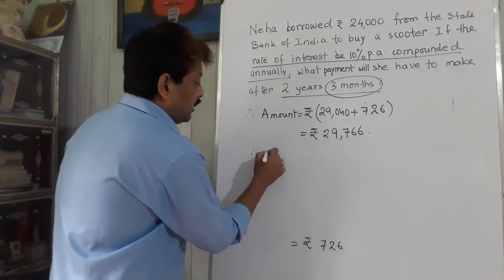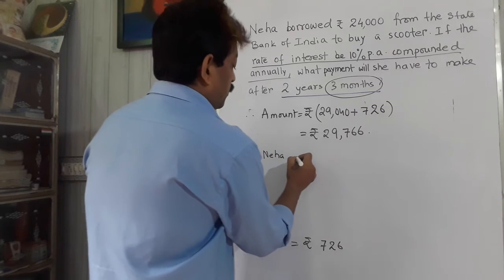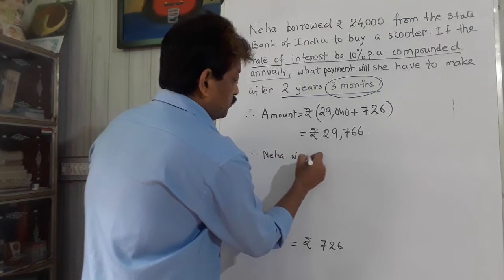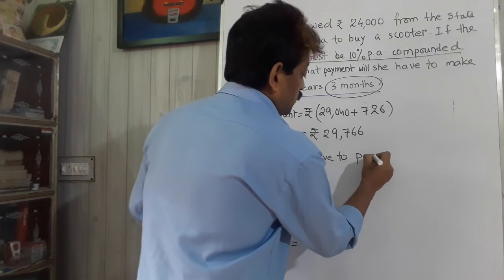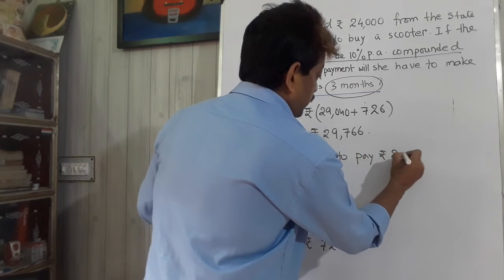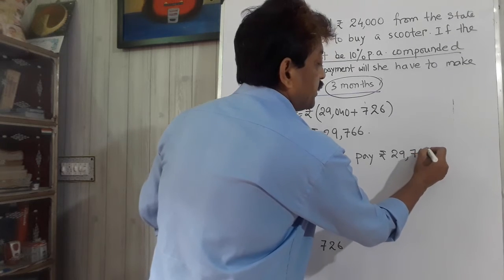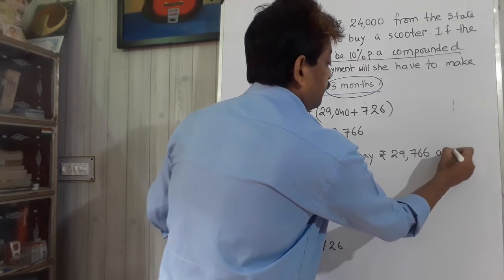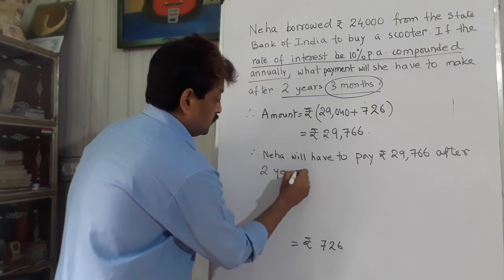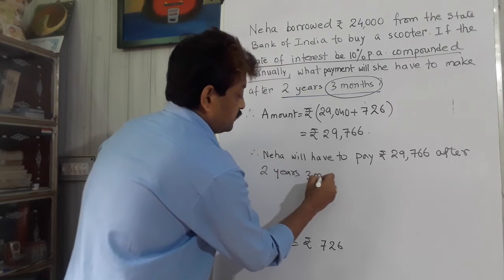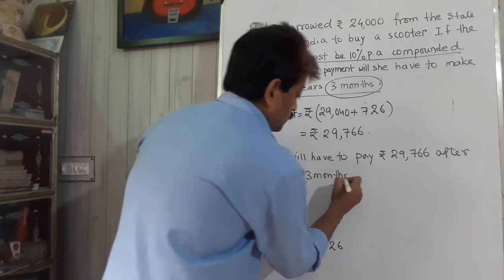Therefore Neha will have to pay rupees 29,766 after 2 years 3 months.